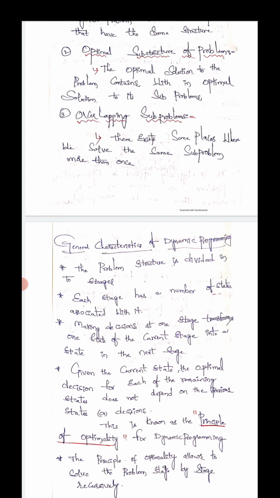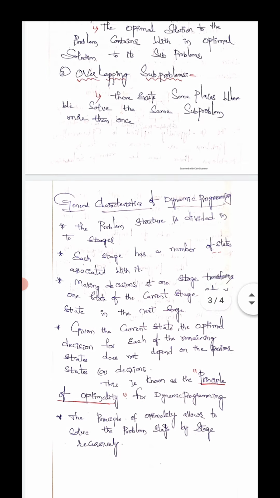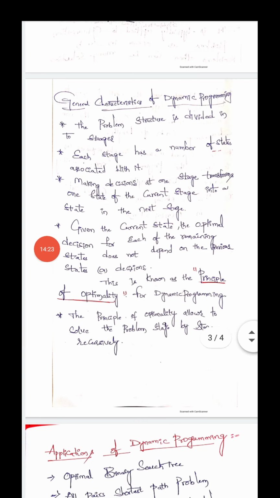Coming to the principle of optimality, it is a very important concept. Its main definition: in the given current state, the optimal decisions for each of the remaining states do not depend on the previous states or decisions.